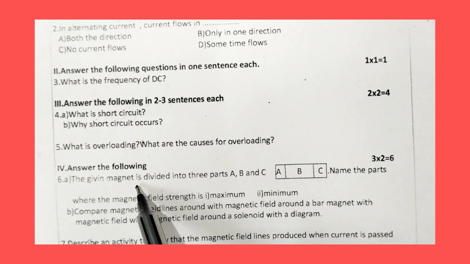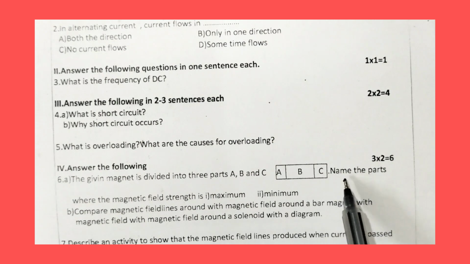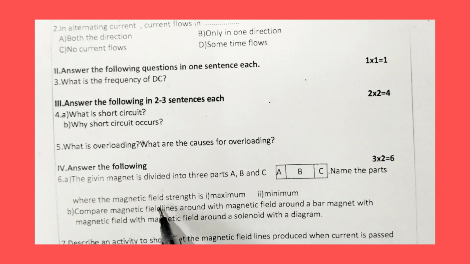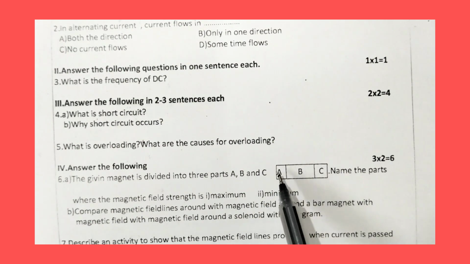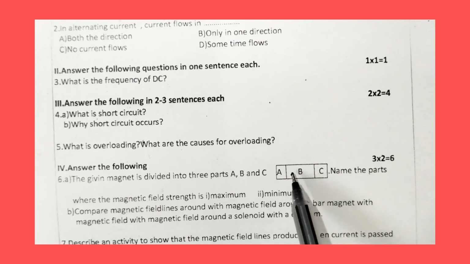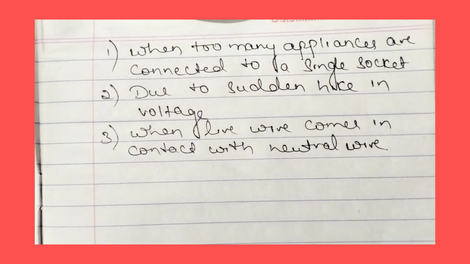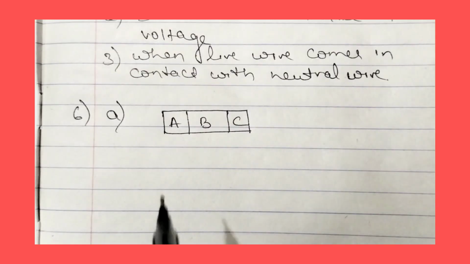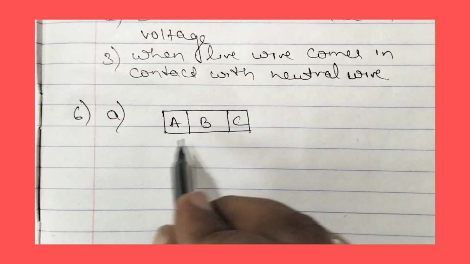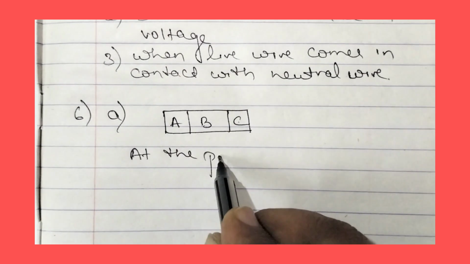The given magnet is divided into three parts A, B and C. Name the parts where the magnetic field strength is maximum and minimum. Maximum at the poles, that is maximum at A and C, then minimum at the center. These are the two poles.